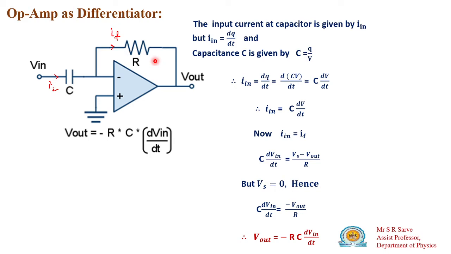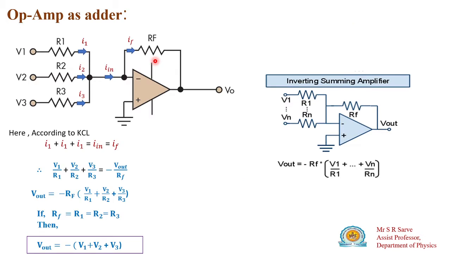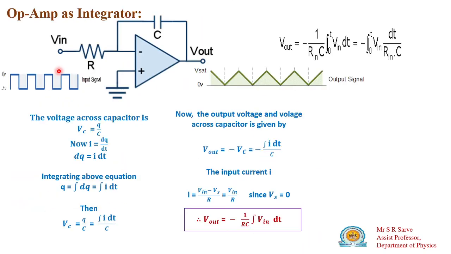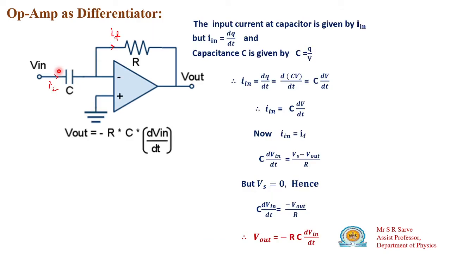While in case of inverting amplifier, input voltage is provided through resistance, in place of this resistance there is a capacitor, and at feedback there is a resistance.